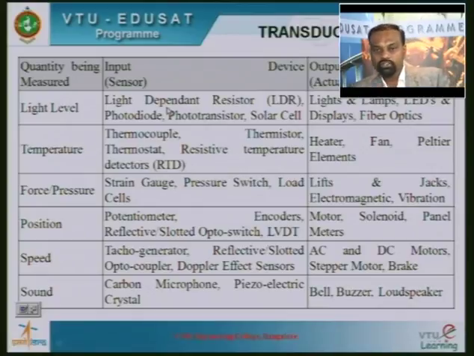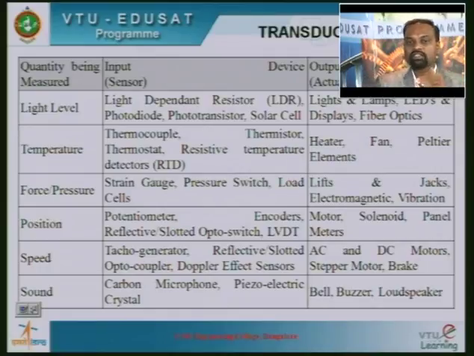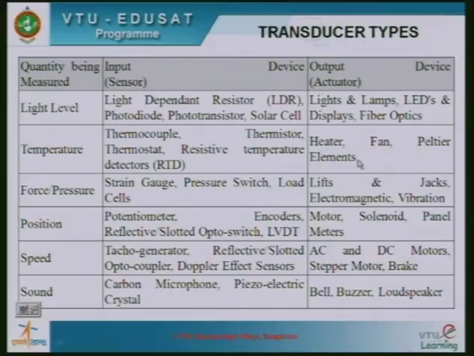If you want to change the temperature in a room, we have heaters. Whenever I apply voltage or current, it will start heating up, so the temperature of the room would change. Or a fan: if the room is very hot, I switch on the fan, it starts rotating, and the room gets cooled. So an electrical signal is converted to rotational movement, and that is what we call actuators.